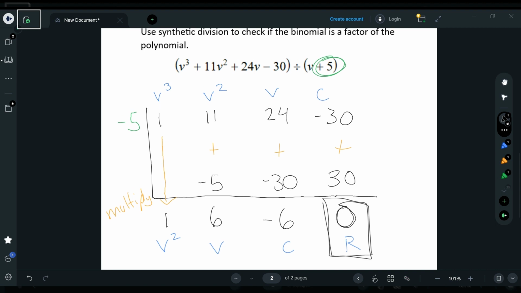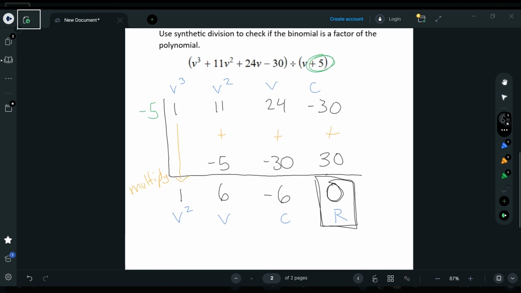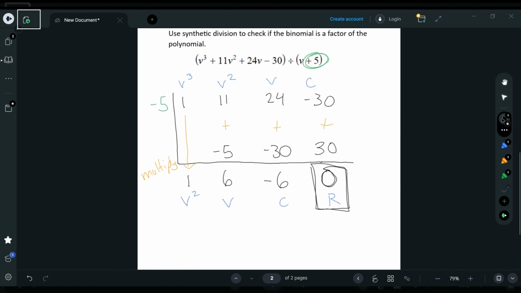Remember what we just saw. If it is a factor, the remainder will be 0. And that's what we have, remainder 0. That means we found a factor. So because the remainder is 0, we're going to answer this by saying yes. V plus 5 is a factor.